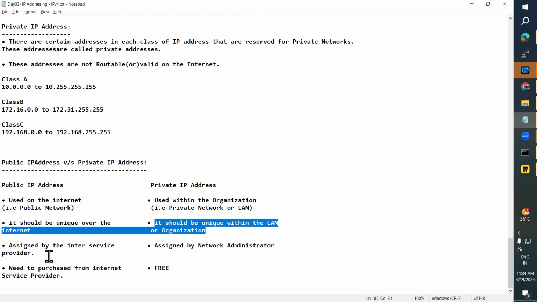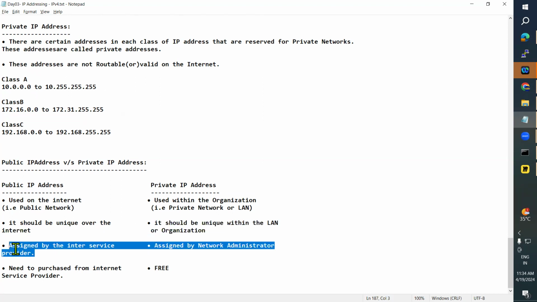A public IP address is assigned by the internet service provider. When you take an internet connection, you are effectively buying the IP address. If you get the IP address, you get the internet.